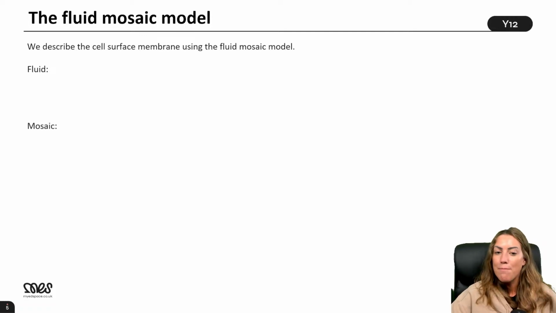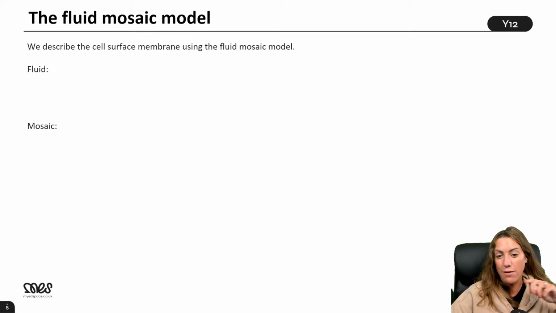Well, when we talk about membranes, we describe it as the fluid mosaic model. Anyone got any ideas why? Why would we describe it as fluid? What do you think that means? And why would we describe it as looking like a mosaic? What do you think that means? The fluid mosaic model of membrane structure.